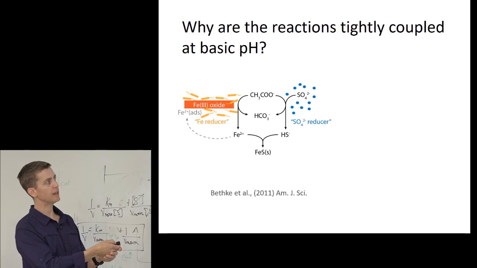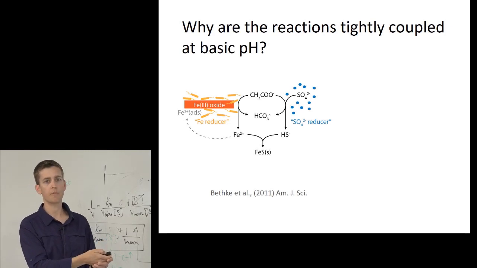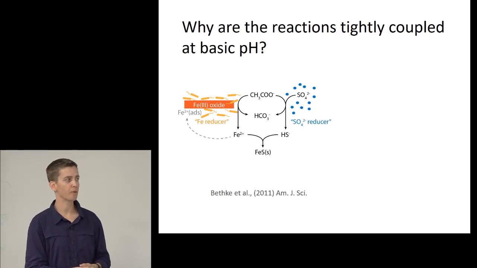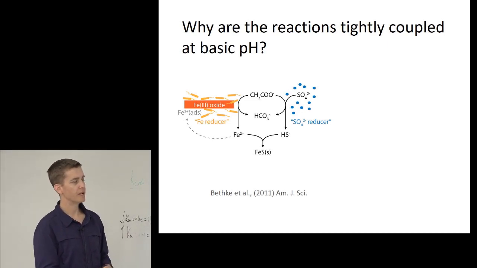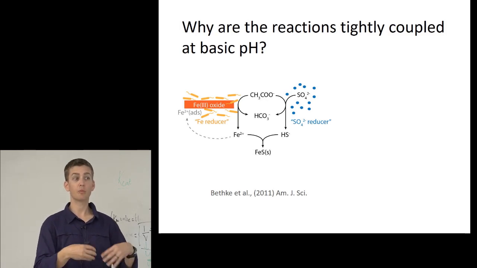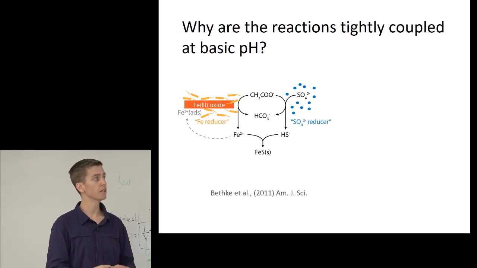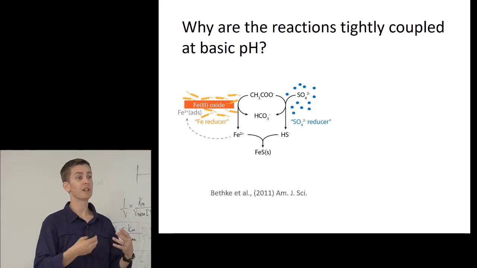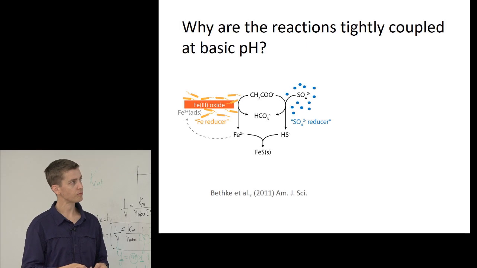So that means there's going to be less iron sorbing onto that mineral. Helps keep the mineral fresh and tasty for iron-reducing microbes. In addition to that, if you're limiting accumulation of ferrous iron in the fluid, that helps preserve the energy yield to some extent of that reaction. It helps limit product inhibition.